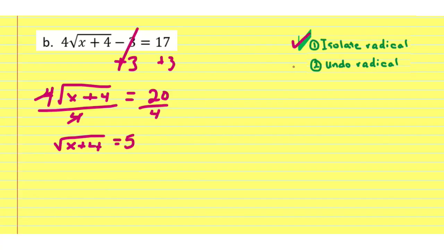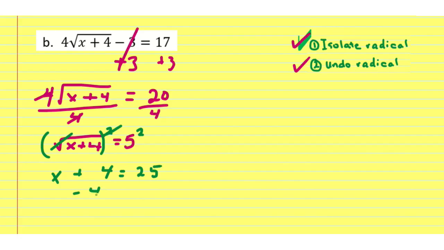So now I need to undo my radical by squaring it. If I square it on one side, I have to square it on the other side. So the radical cancels out the square, and I end up with x plus 4 is equal to 25.